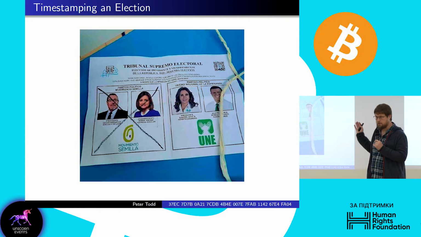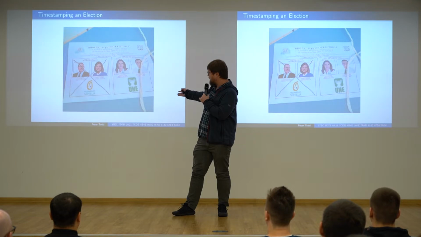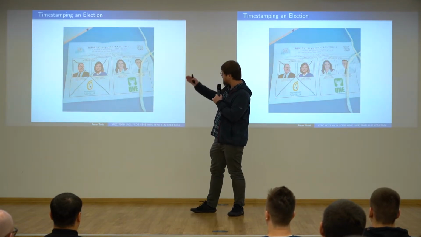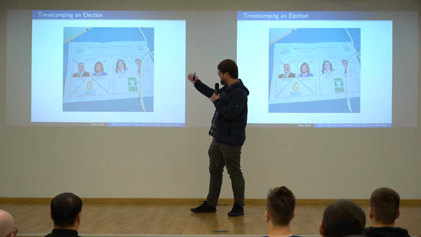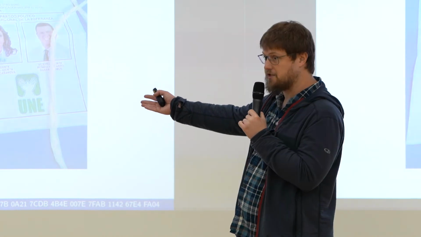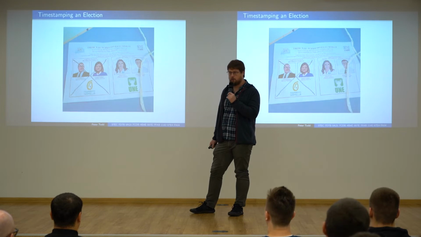Well, we're talking about the Guatemalan election, and like most elections, it's a paper ballot system. So these are the actual ballots, and you put a cross through it to vote for which person you want. Guatemala has fairly low levels of literacy compared to many other places, so you get a nice photo to see who you want to vote for.